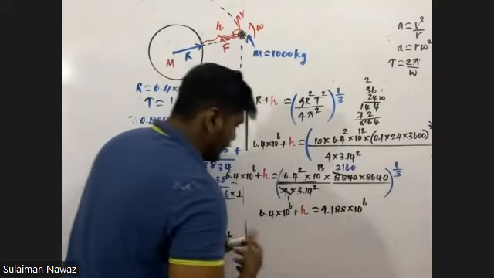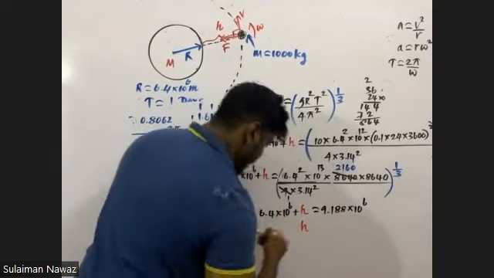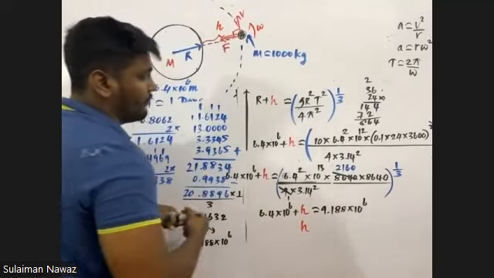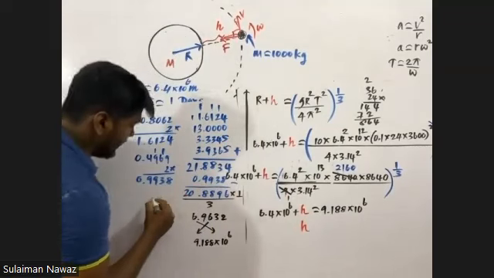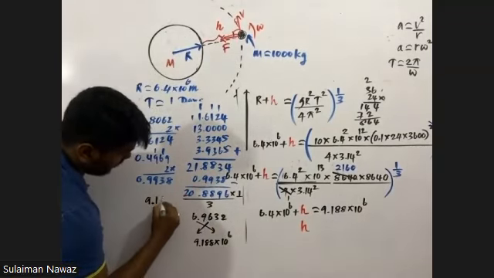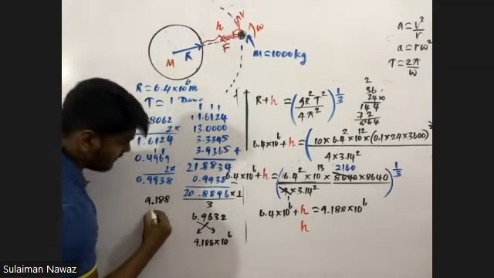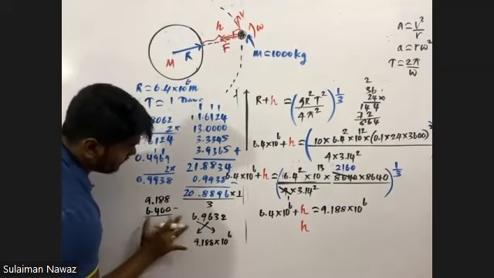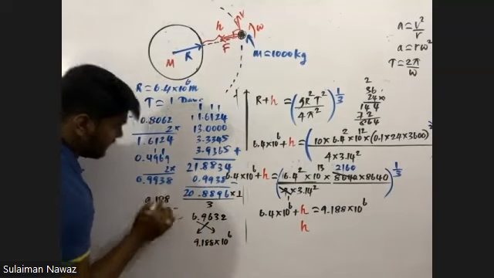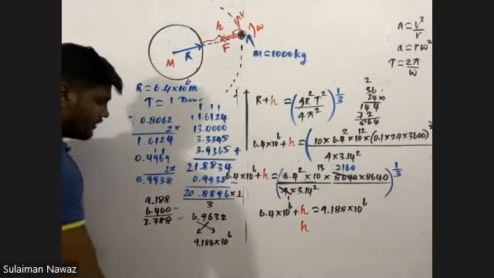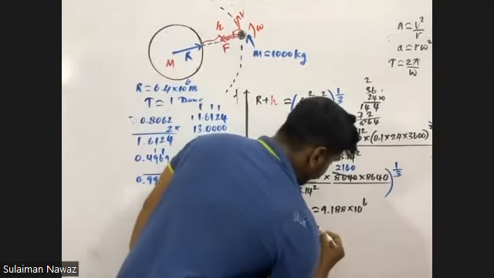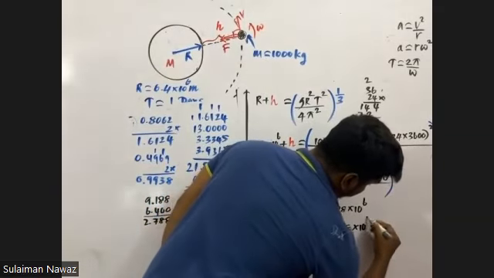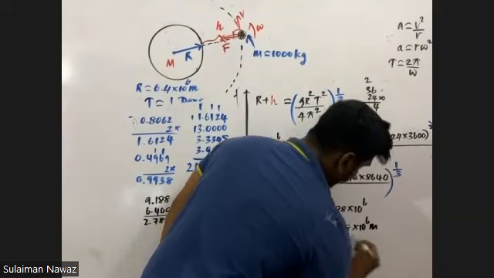So when you make small h the subject, you are getting 9.188 minus 6.4. When you subtract, you get 2.788 times 10 to the power 6 meters.